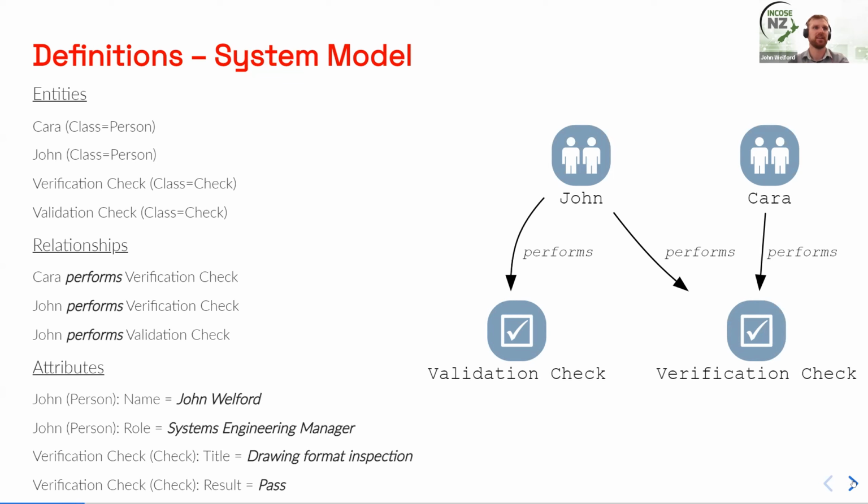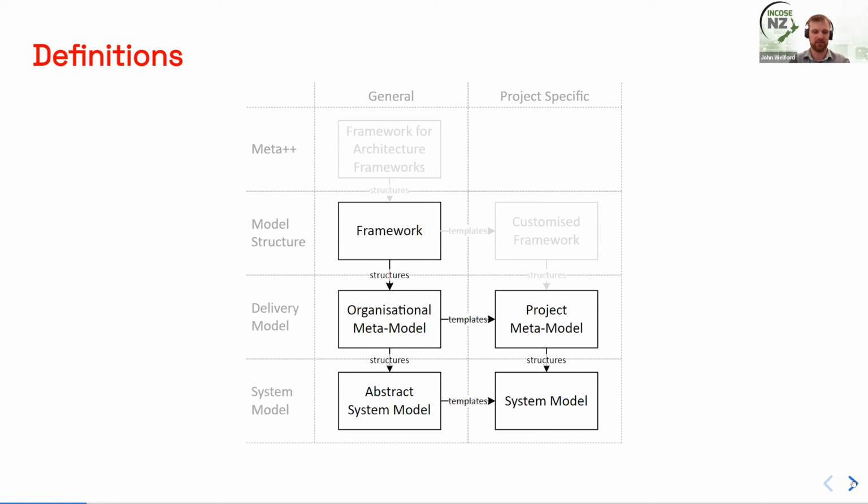And of course, they can have attributes as defined by our meta model. So that's what I mean when I say meta model or system model in this presentation, and we can argue about differences between ontologies and schemas and meta models afterwards if we want to.